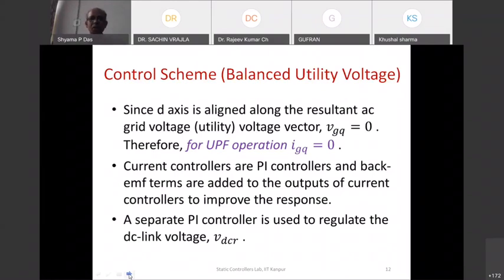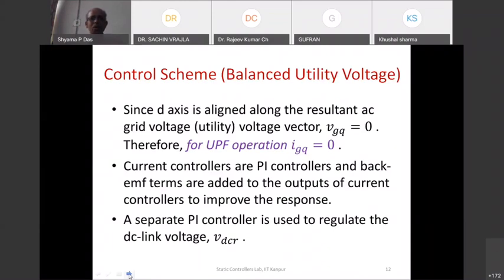So this is a choice we have to make, that our d-axis is aligned along the resultant AC voltage vector, which means VGQ equal to 0, and the current will be entirely along the d-axis, and hence there is no component of the current along the q-axis. So by using this transformation, IGQ is made equal to 0. This is a special choice.